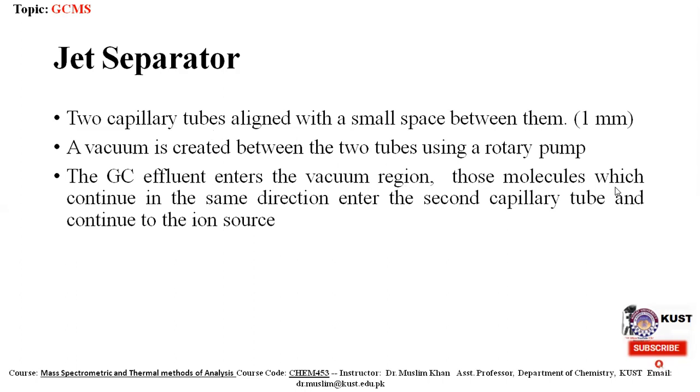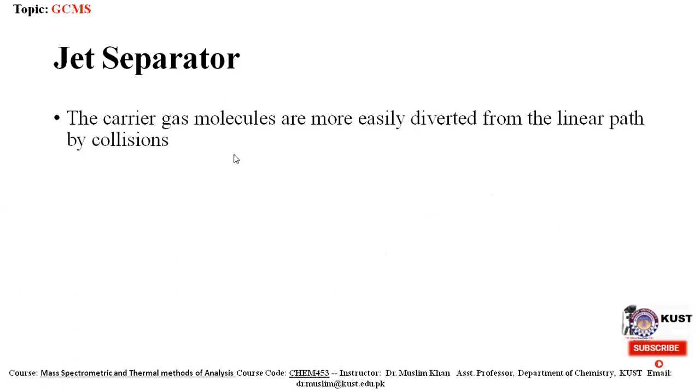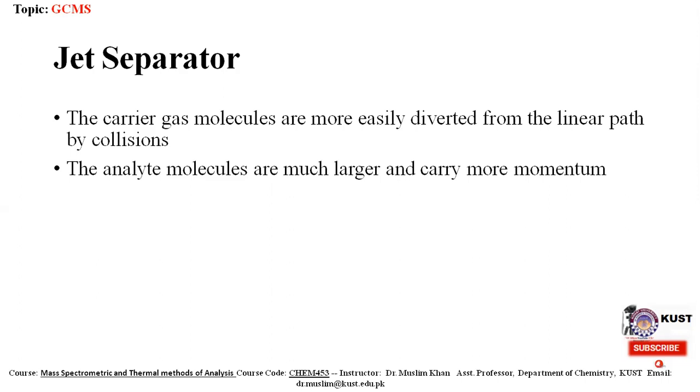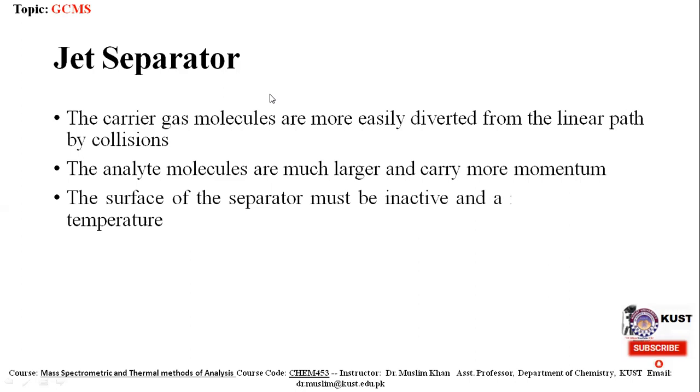Those molecules which continue in the same direction enter the second capillary tube and continue to the ion source. The carrier gas molecules are more easily diverted from the linear path by collisions. The analyte molecules are much larger and carry more momentum. The surface of the separator must be inactive and at a reasonably even temperature. It is also prone to leaks.